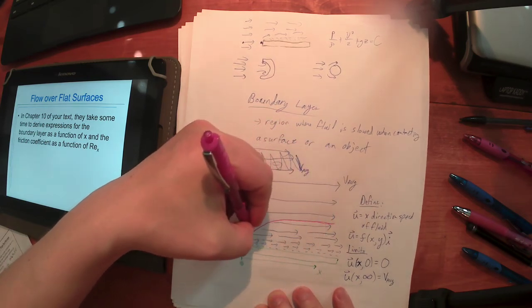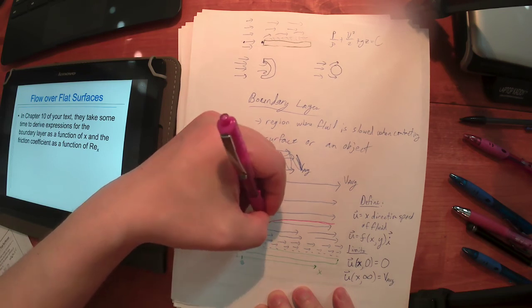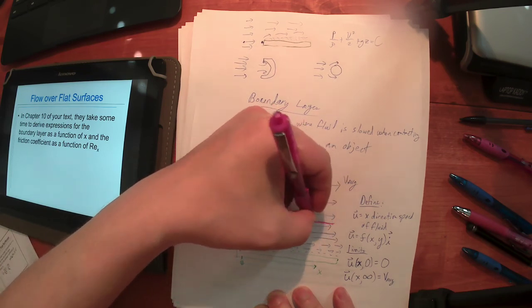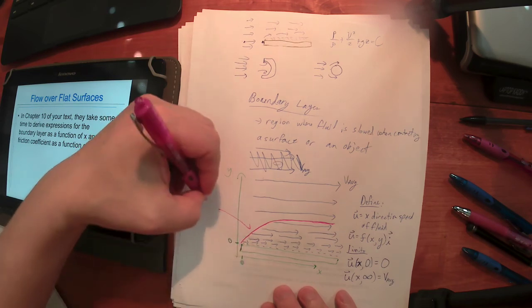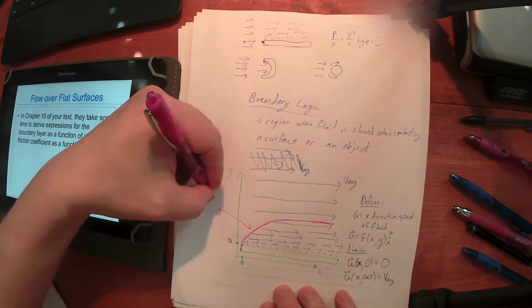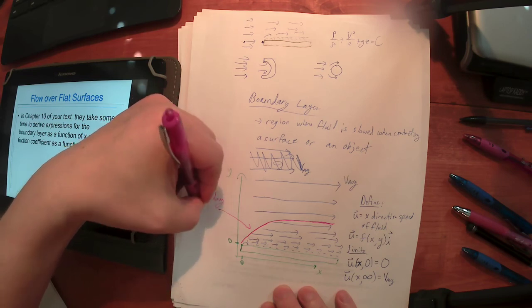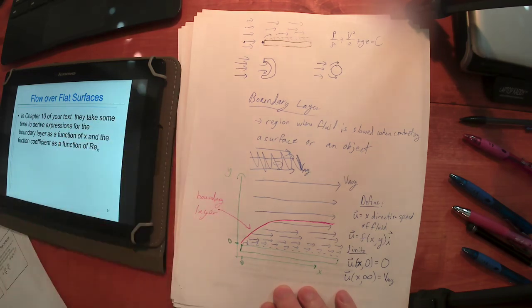There's this region here that we call the boundary layer. This is what we call the boundary layer.